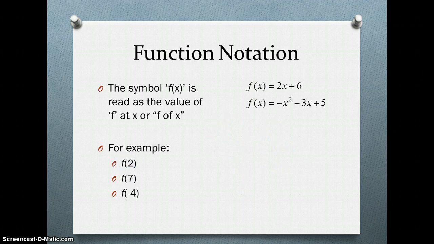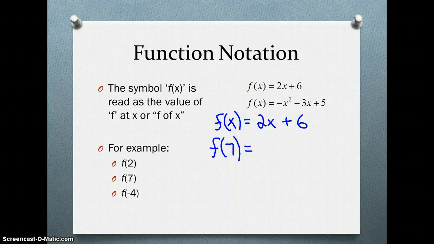Let's do one more with that one. We're going to do f of x is equal to 2x plus 6, and we're going to find f of 7. Again, that means everywhere I see x in my function, 2x plus 6, I substitute 7. So I have 2 times 7 plus 6.